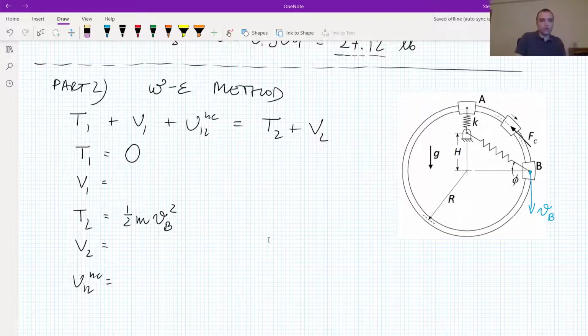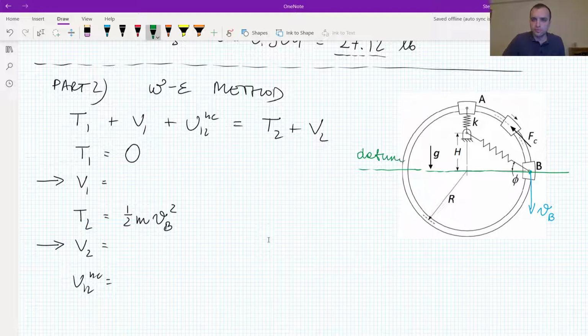How about potential energies, V1 and V2? If you want, feel free to pause the video and find potential energies in our system. Just a heads up, I will place my datum here. Now feel free to pause the video and find V1 and V2.